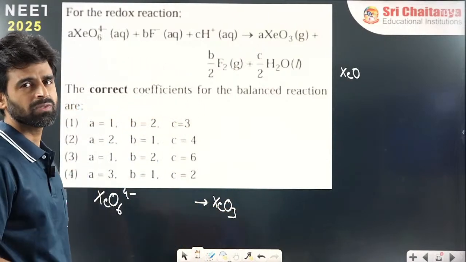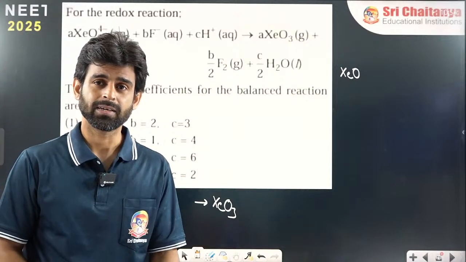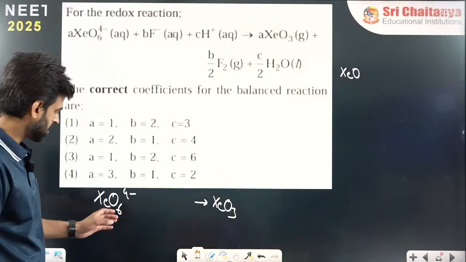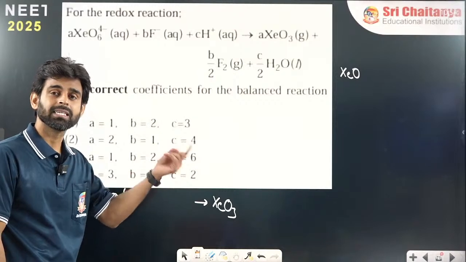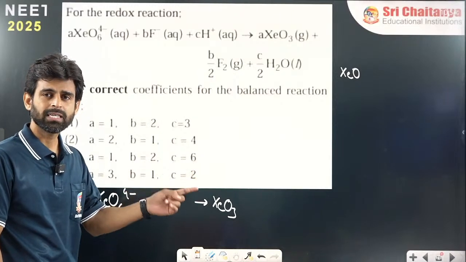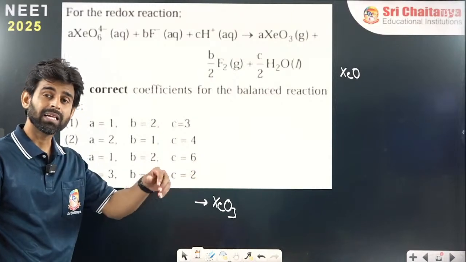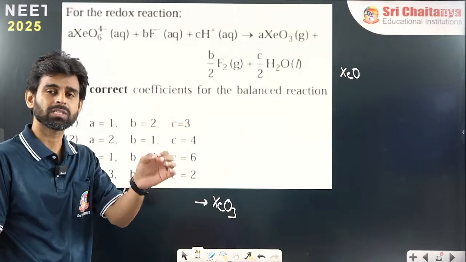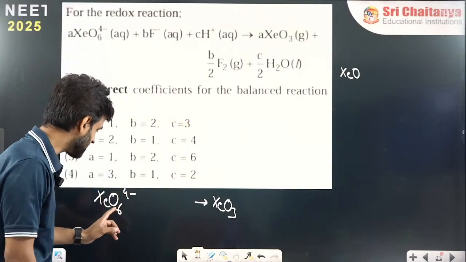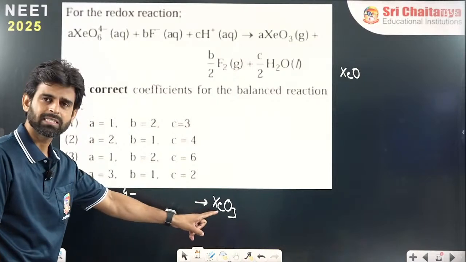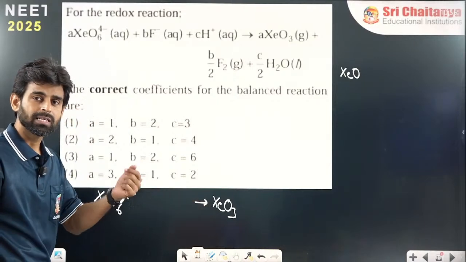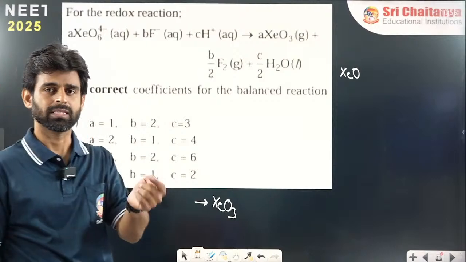Okay, we balance using the trick, right? So first of all, you balance atoms other than hydrogen and oxygen. First balance the other atoms, don't disturb the hydrogen and oxygen. The first other element, Xe, 1 Xe, already balanced, no issue. Then balance oxygen.